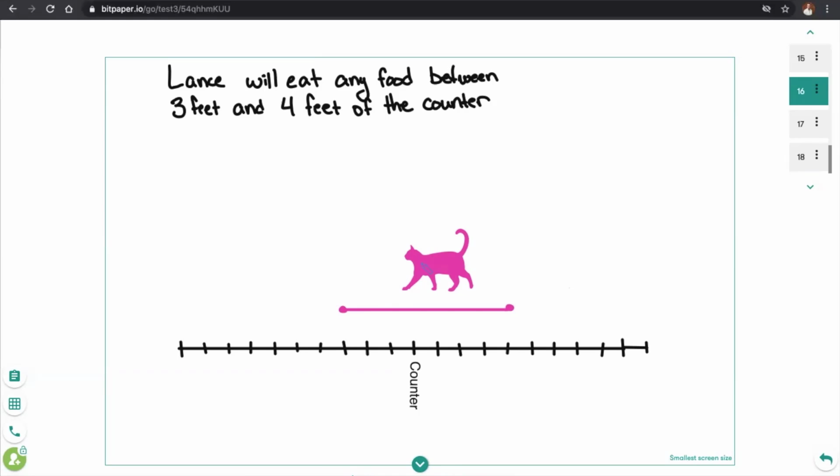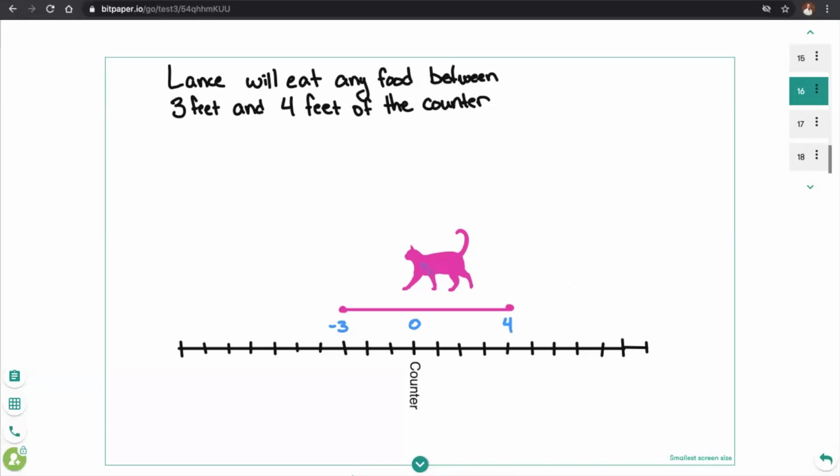So how then do we write this as an inequality and graph it exactly? Well, if we take a look at this, this is 0. That puts us at -3 here and +4 here. And our food can be exactly 3 feet from the counter, and it can be exactly 4 feet from the counter. Just has to be somewhere in between there.